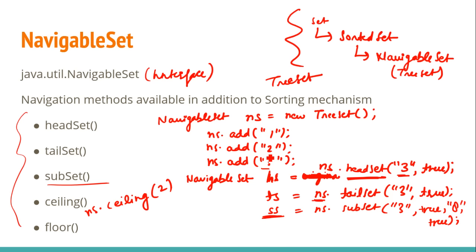Since our navigable set has 2, the output will be 2. If we do 3, our set doesn't have 3, so the output will be the least element that is greater than 3, that is 5.